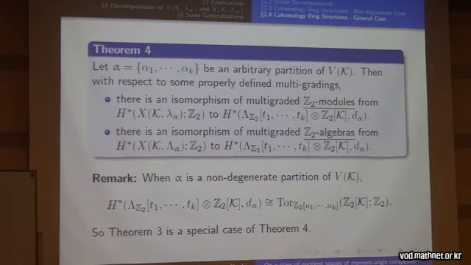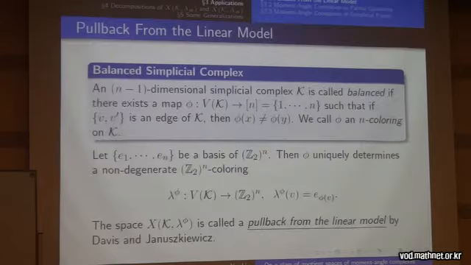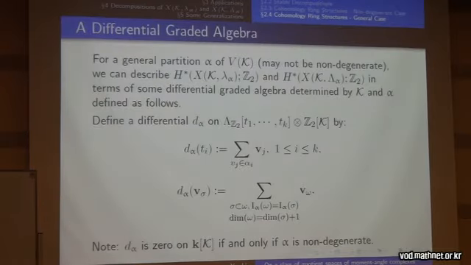And when alpha is a non-degenerate partition, we notice that this one is exactly the Tor algebra, because if d alpha is 0, then d alpha v_sigma equals 0, and this differential coincides with the differential in the Koszul resolution of the face ring.